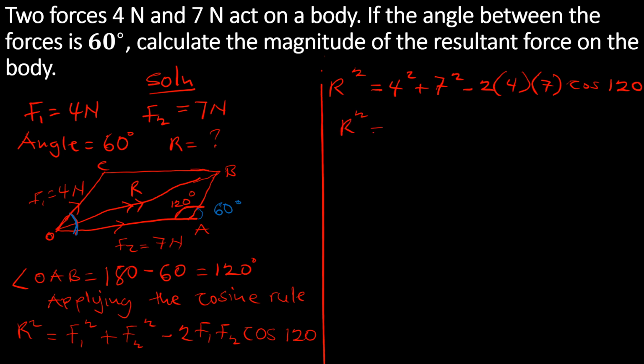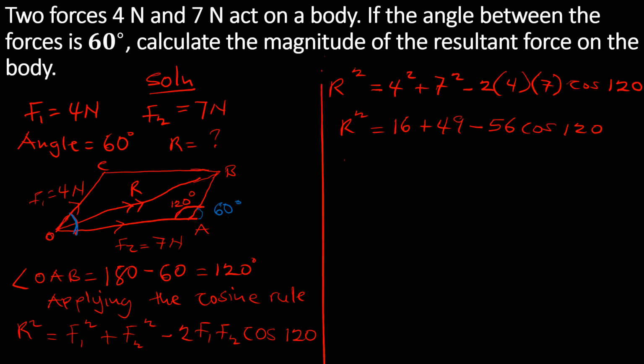So R squared will give us 4 squared, which is 16, plus 7 squared, which is 49, minus 2 times 4 is 8. 8 times 7 will give us 56. So 56 cos 120. Okay, let's proceed.